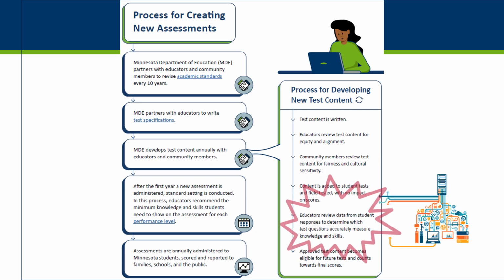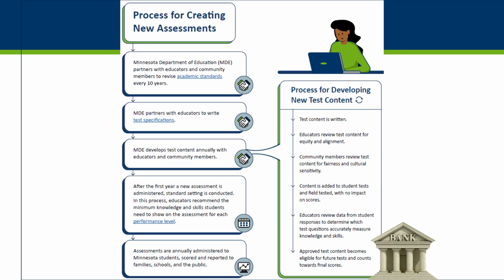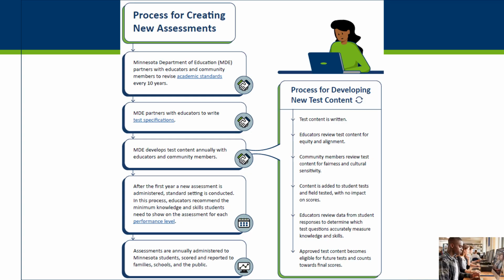After field testing, the items go on to the Educator Data Review Committee, which is this committee. This committee will evaluate the items in light of the data to determine if it's valid. And if determined valid, then it will be added to what we call the operational bank and is eligible to measure students' ability on an operational MCA or alternate MCA.